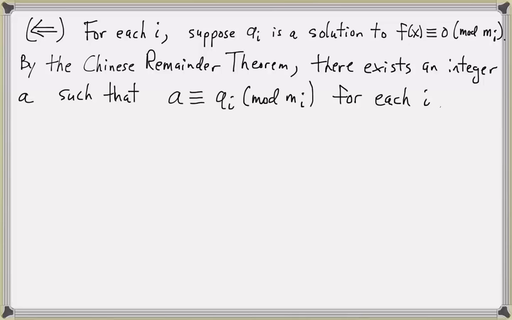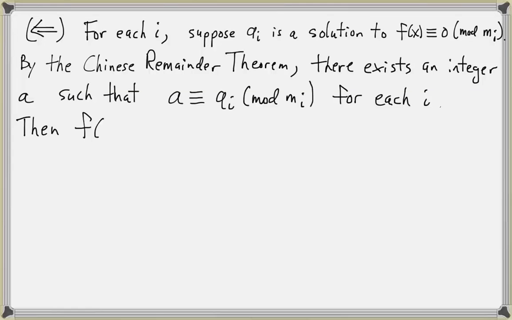So recall that all the mi's are pairwise relatively prime, and so if we set up a bunch of linear congruences, x congruent to a1, x congruent to a2, and so on, then by the Chinese remainder theorem we can find a solution to that system. So a is the solution to that system. So a is congruent to ai mod mi for each i.